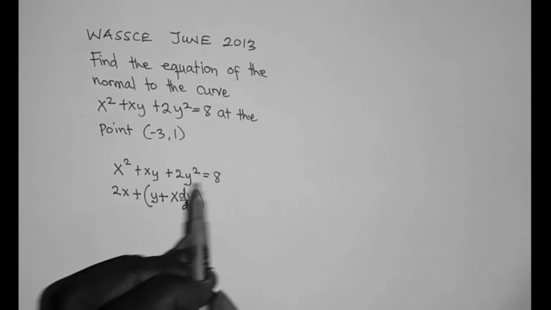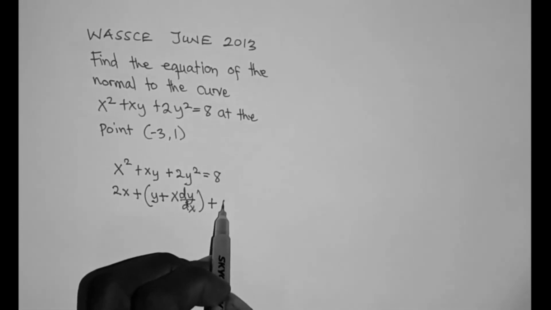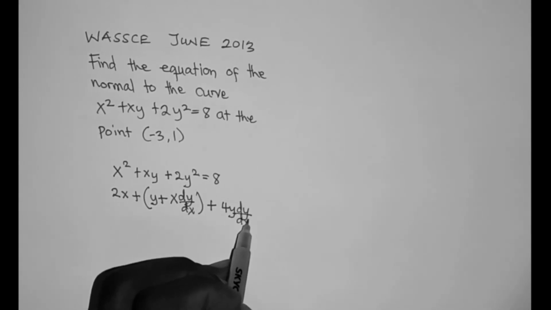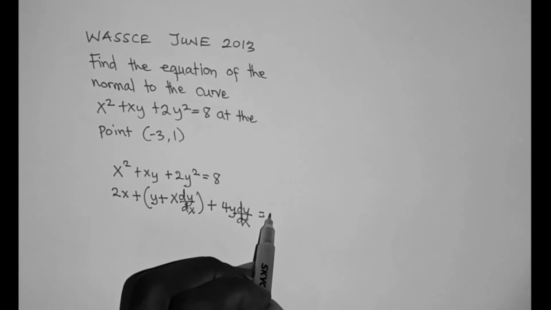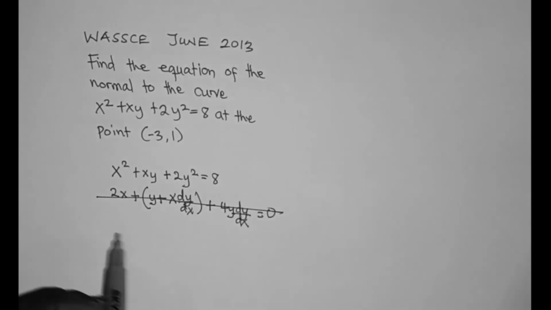And then plus, if you differentiate 2y squared, you get 4y dy/dx equals, if you differentiate it, 0.